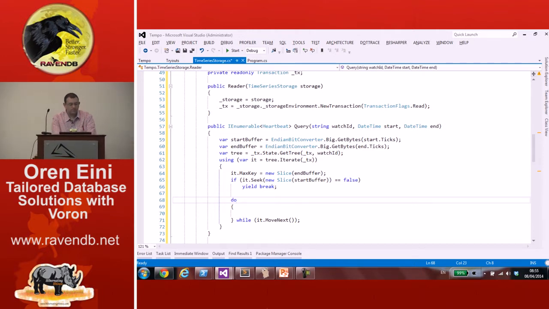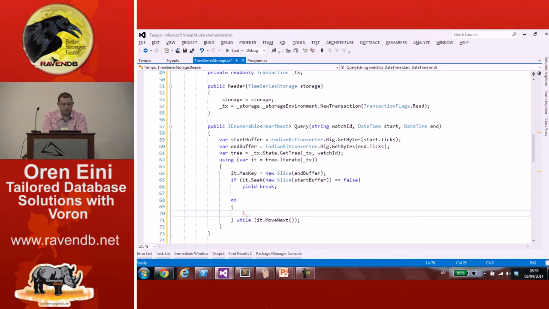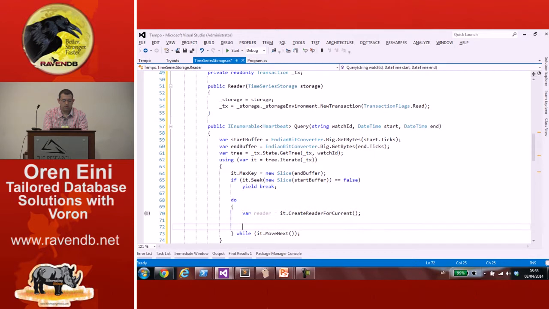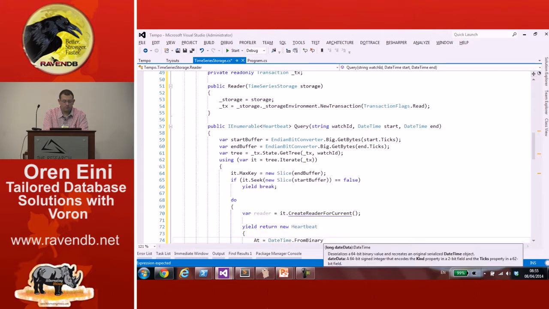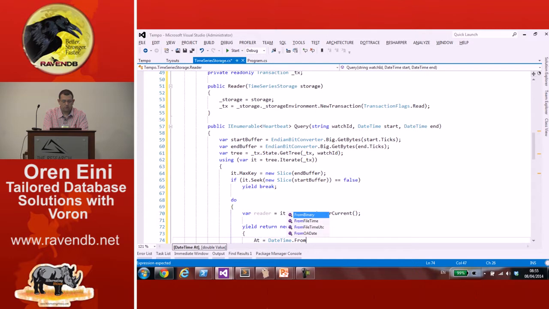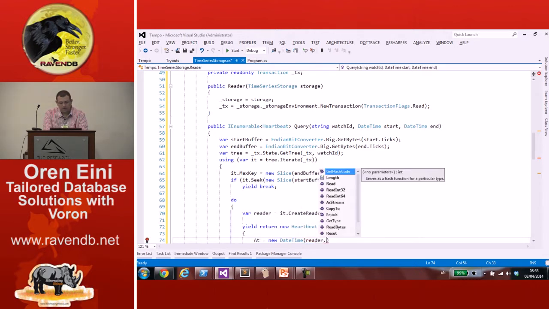And now what I want to do is just get the data out. And it creates reader, yield return, and datetime from, because that obviously makes a lot of sense.